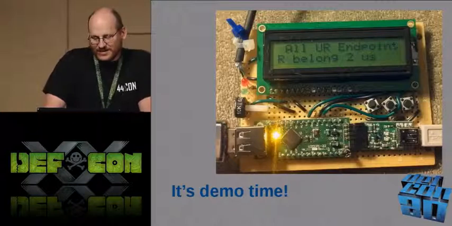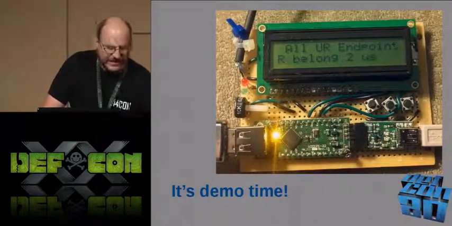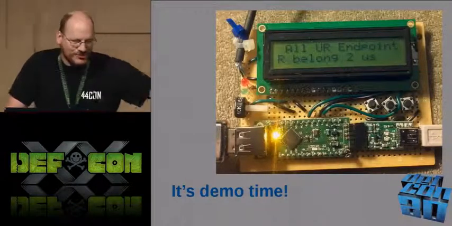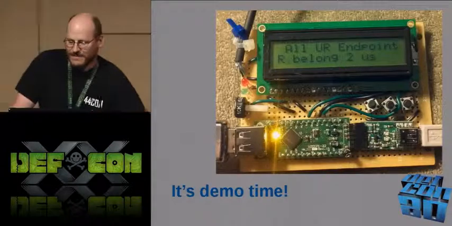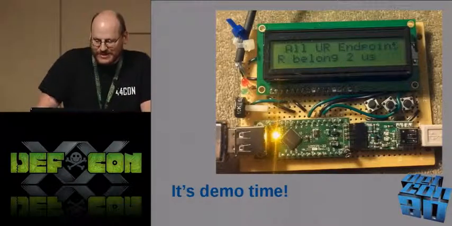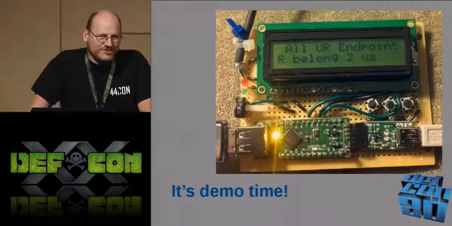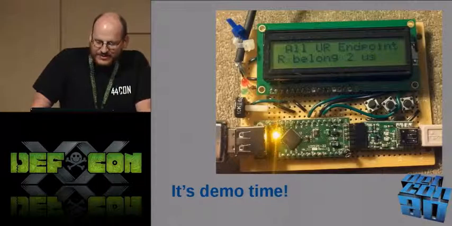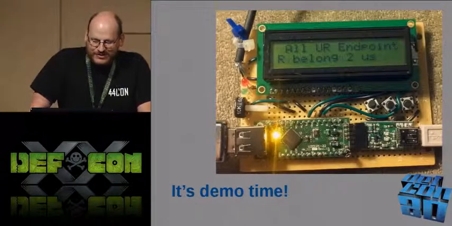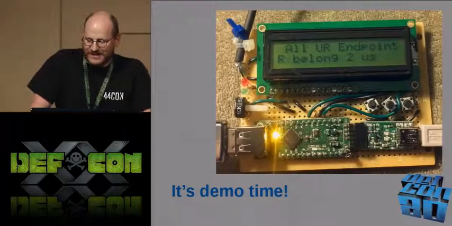So yeah, here's one version of the device. I realize you can't see it so well if I hold it up here, but this is the slightly bigger device. The board on the right is just a programming board, and then I have an LCD display, and I have the actual development board. In this case, there's a thumb drive plugged into it.